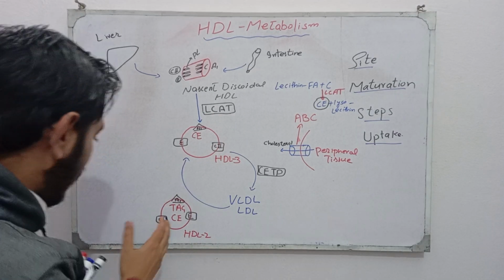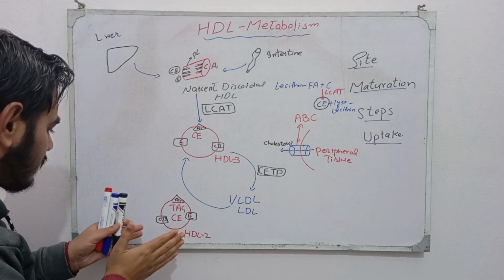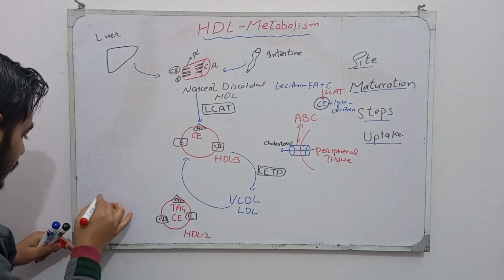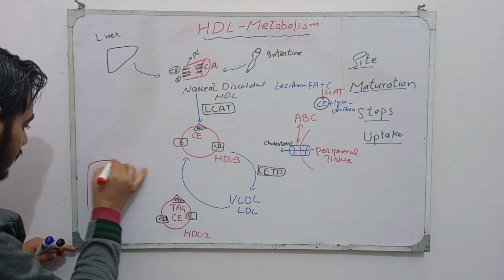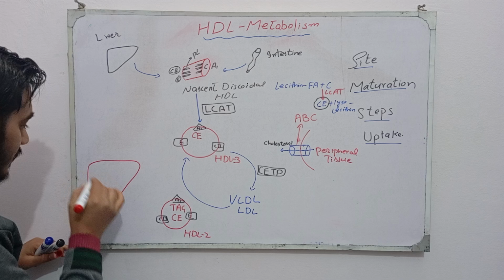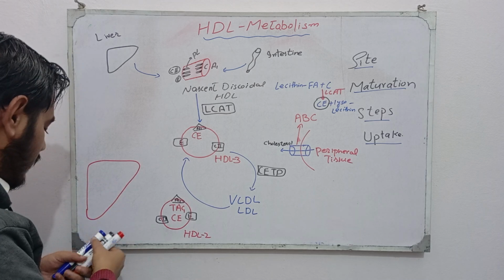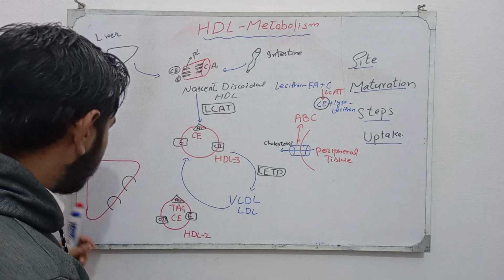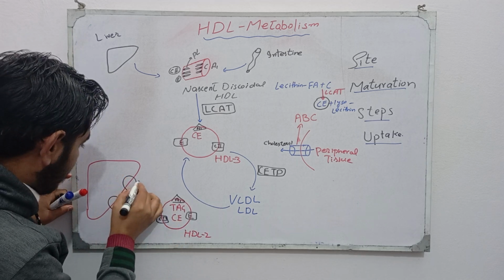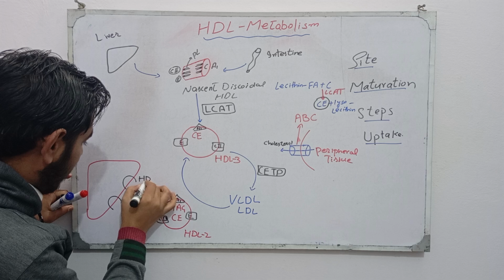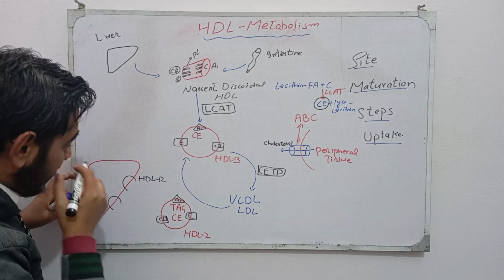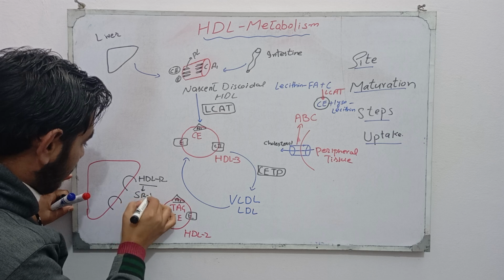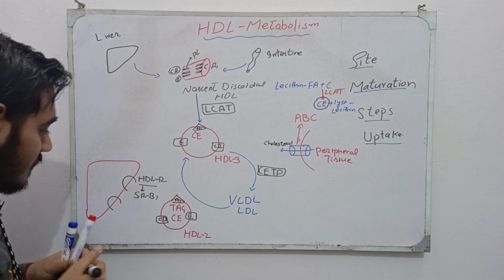Okay, students. Now HDL2 is taken up by the liver with the help of some receptors, and these receptors are HDL receptors, which belong to the scavenger receptor B1 family.